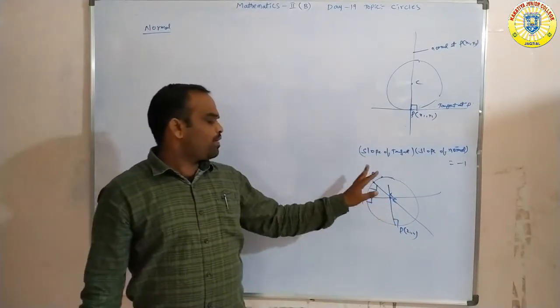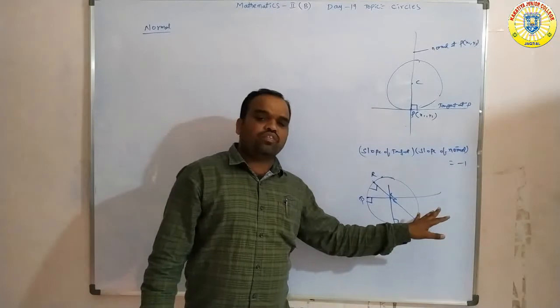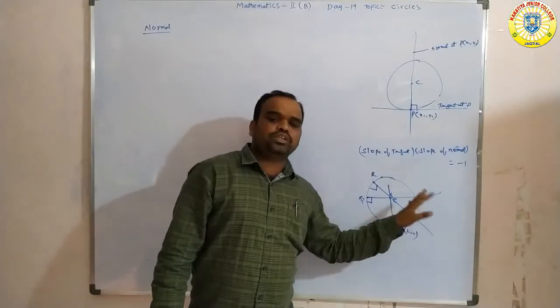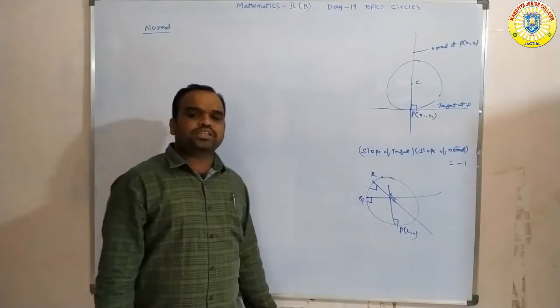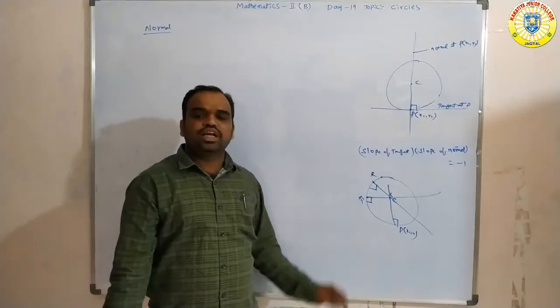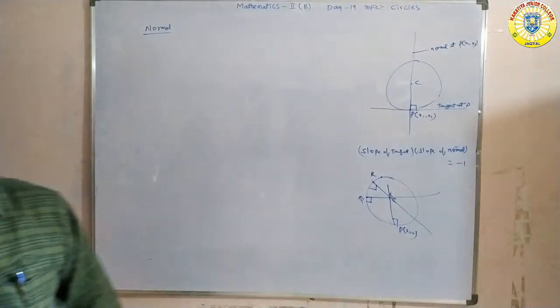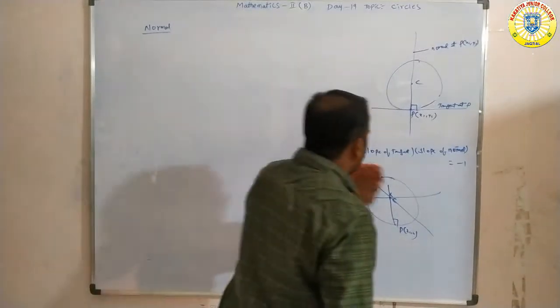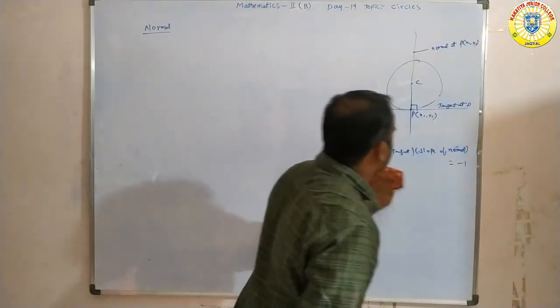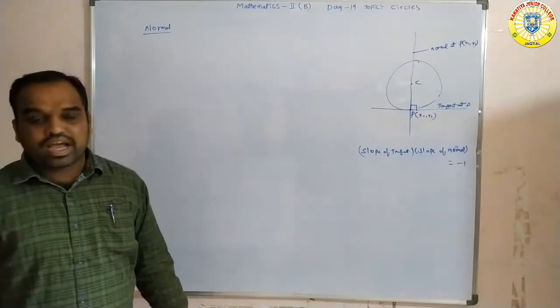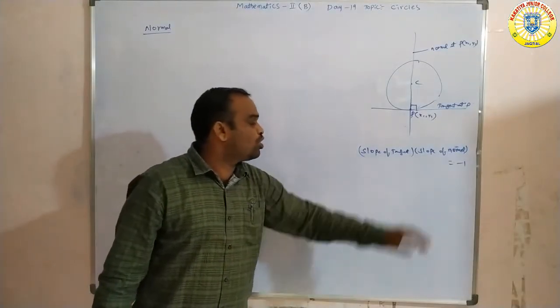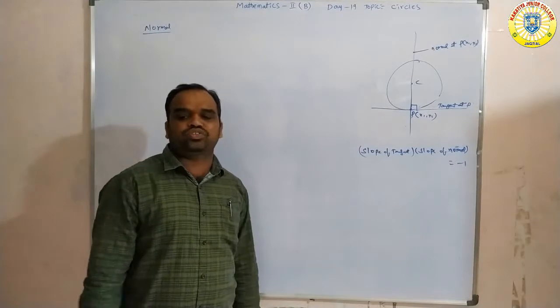So at any point on the circle, the perpendicular line must pass through the center of the circle. That's why every normal also passes through the center of the circle. Always remember this one. And slope of the tangent into slope of normal is equal to minus 1.